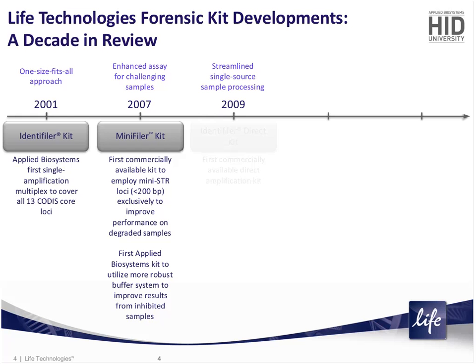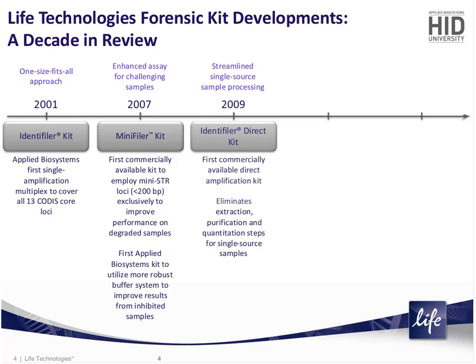This was the start of our application-specific approach, and by 2009 we decided to take the experience we had with Minifiler and the new experiences we had with buffer chemistry development to take a look at how we could more specifically address the single source samples processed by the forensic laboratory. Normally these samples are in high numbers and need to be processed quickly, so it made sense to take a look at how we might be able to improve the efficiency of the single source sample workflow, and to do this we developed the Identifiler Direct Kit.